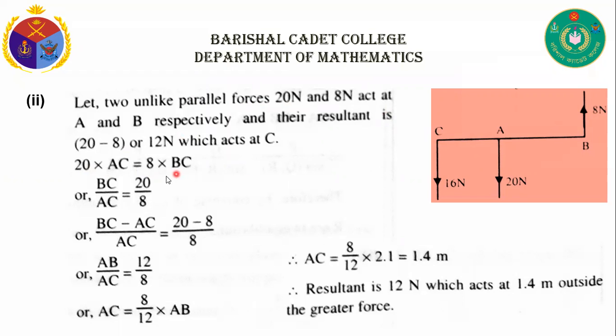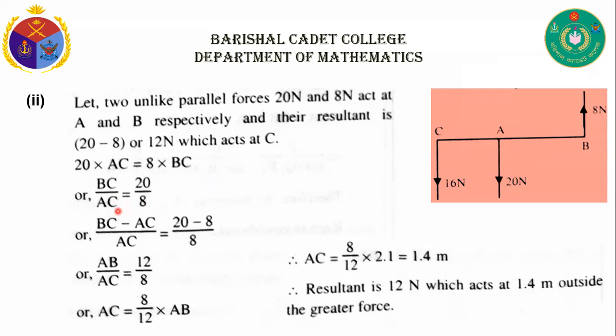And boys, here always we take this ratio as the greater distance divided by the smaller distance, that is BC divided by AC equals 20 by 8. Now we take the componendo. Boys, write down the note: for like forces we take componendo, and for unlike forces we always take dividendo.